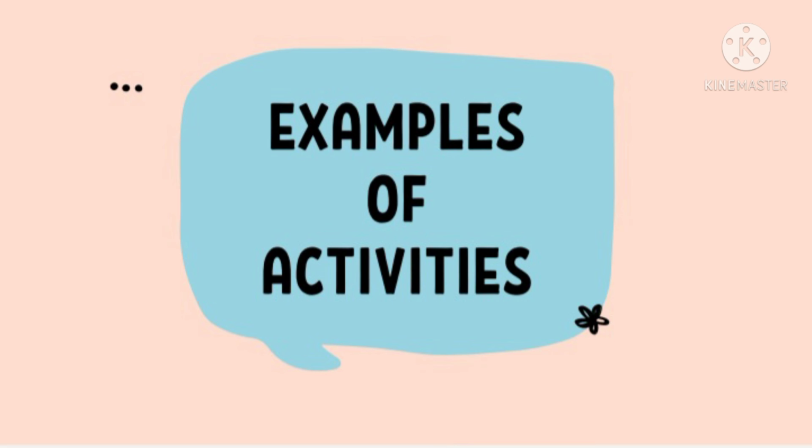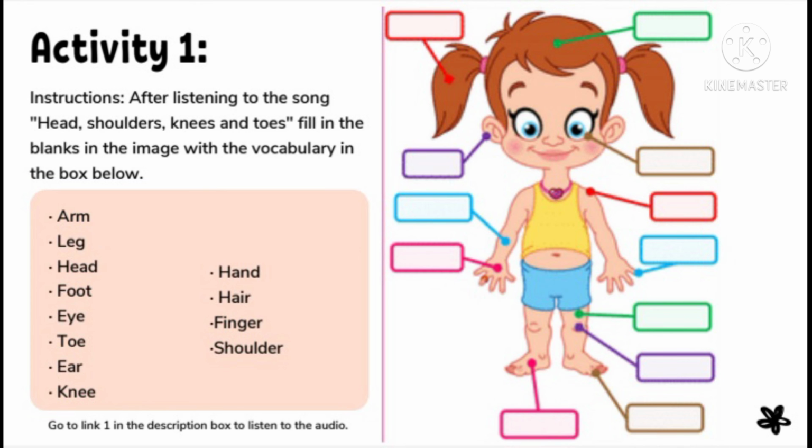Okay, so now we are going to see some examples of activities about labeling. Here we have our activity 1, so I read the instructions for you. After listening to the song Head, Shoulders, Knees and Toes, which you can find in the first link of the description box of this video, fill in the blanks in the image with the vocabulary in the box below.